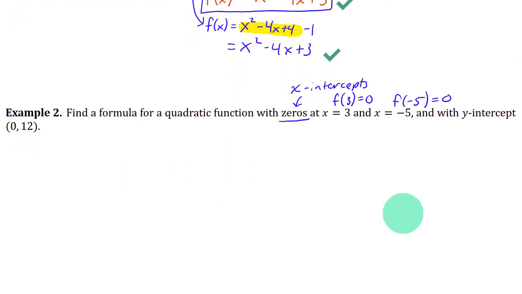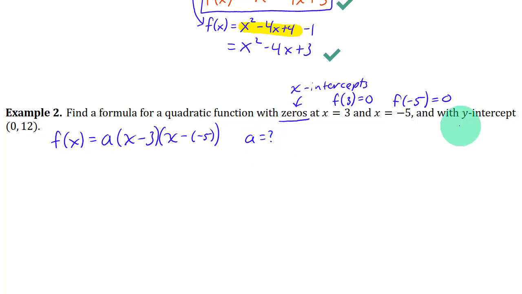So in this case, let's say that it's going to be f of x equals some unknown number a, times (x minus 3) times (x minus -5). That's going to have the right zeros, the right x-intercepts. If you plug in 3 or -5, the result will be 0. But what is a?